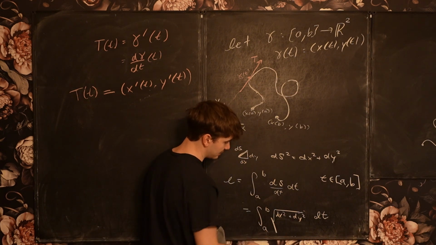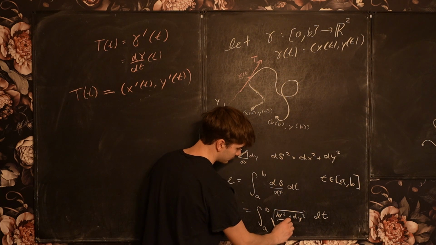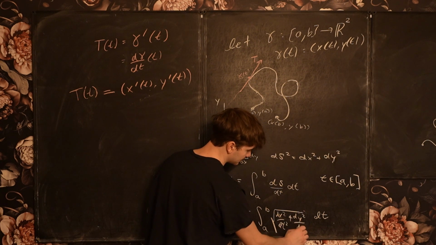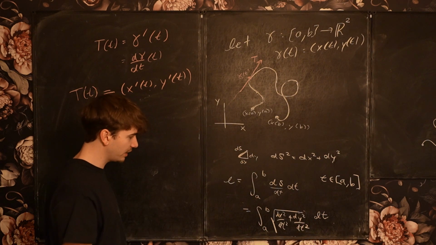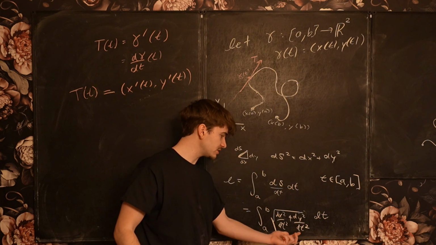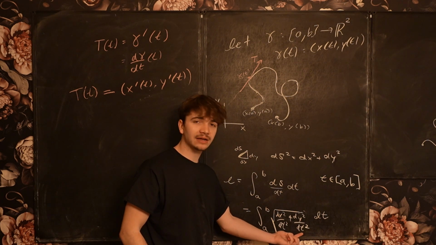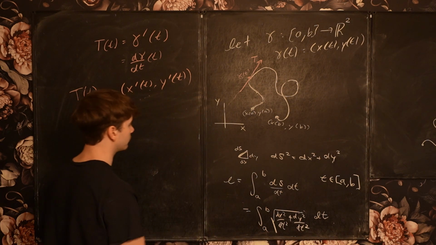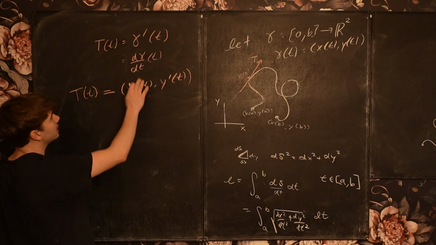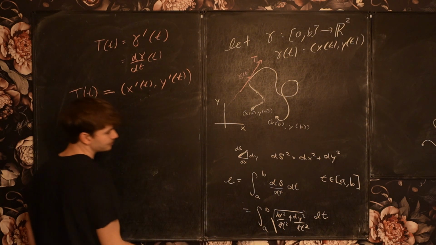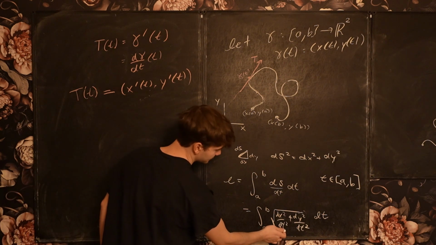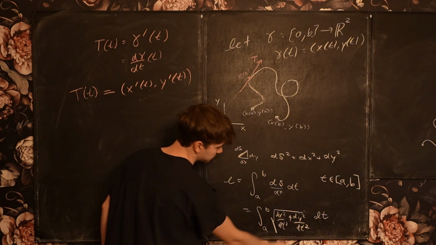So I have a dx over dt squared plus a dy over dt squared here, okay? And well, what is this expression? Well, this expression is precisely the magnitude of the derivative gamma prime, right? As we can see here, gamma prime is just x prime, y prime, okay? So this is just x prime squared plus y prime squared.